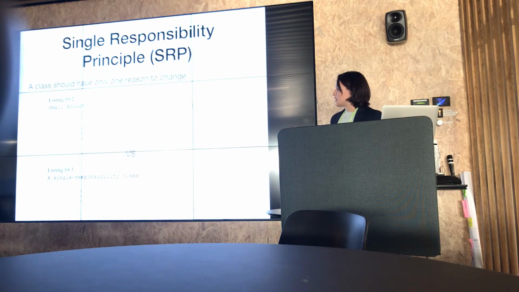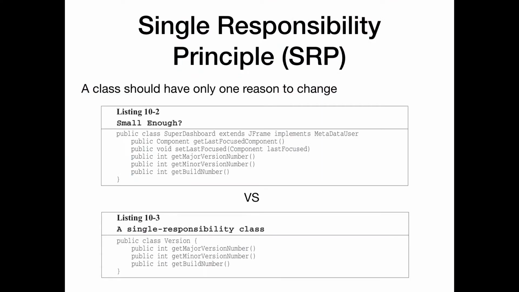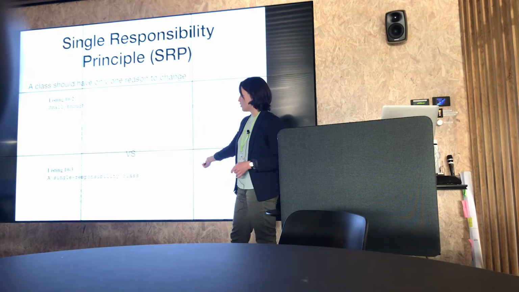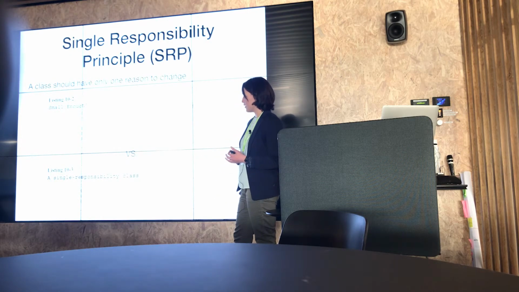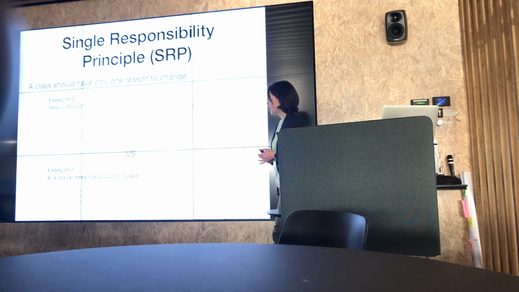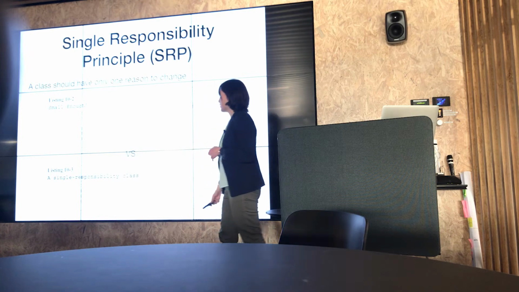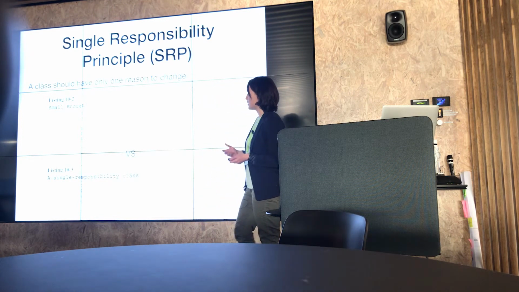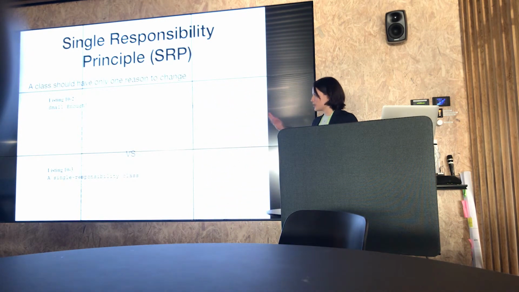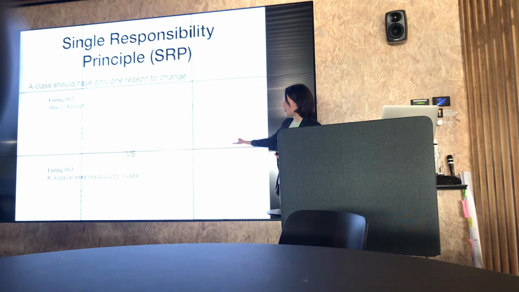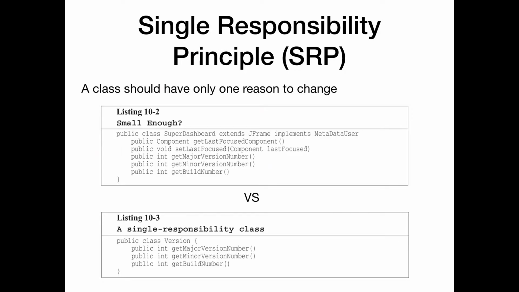Even though both classes have quite few methods, this class takes care only of the versions in the code, but that one takes care of the versions as well as these Java components. And so it means that there are at least two reasons to change in this class, and in principle it should be split into at least two.